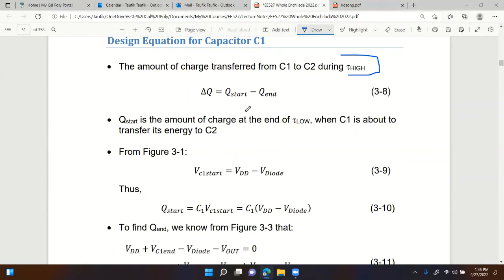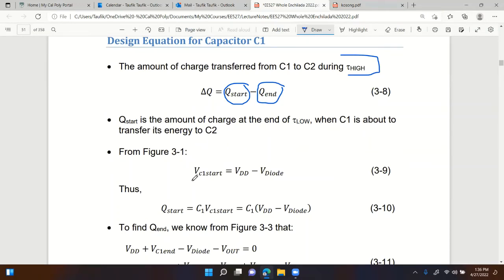So right when you change the position of the switch from low to high, that's Q start, the beginning charge of the capacitor C1. And then Qn is when you start moving the switch to the low position again. So Q start is the amount of charge at the end of tau low, when C1 is about to transfer its energy to C2.